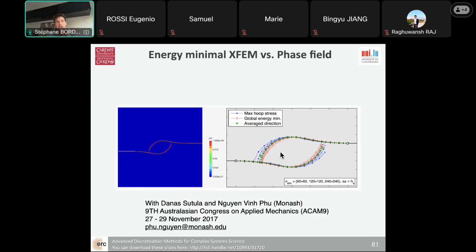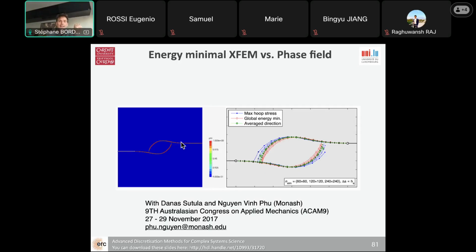And this is exactly why Danas and Fu work together, because in the left-hand side case, we are using energy minimal XFEM, which is something we came up with, which is supposed to globally minimize the elastic energy. When you decide whether a crack grows, this is actually not so trivial.